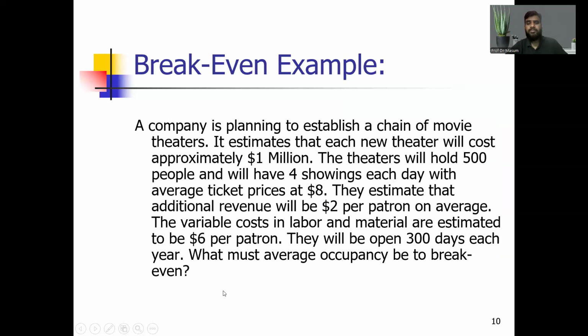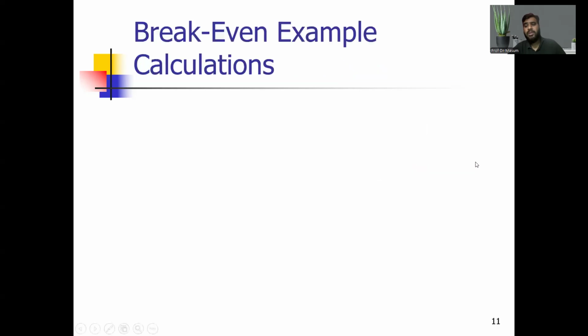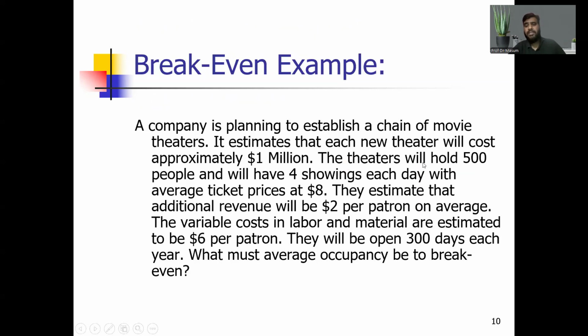In our example, what is fixed cost? You need fixed cost first. It is estimated that each new theater will cost approximately 1 million. This is your fixed cost. The theaters will hold 500 people.